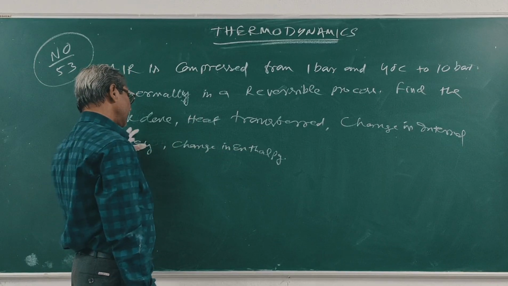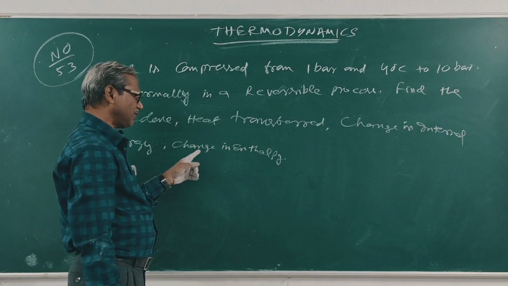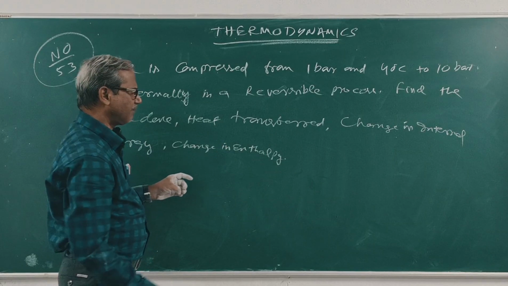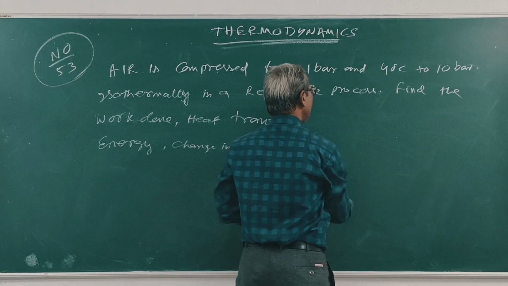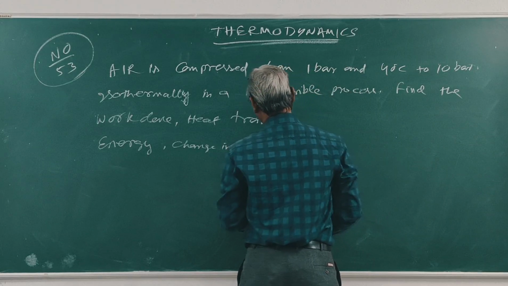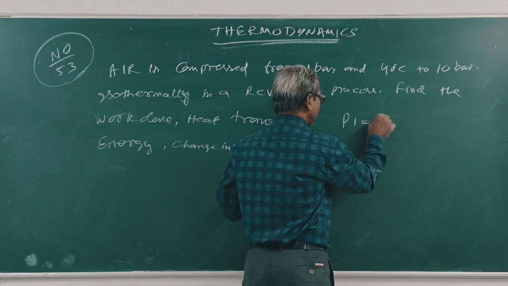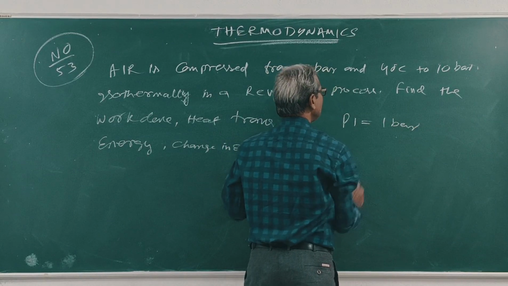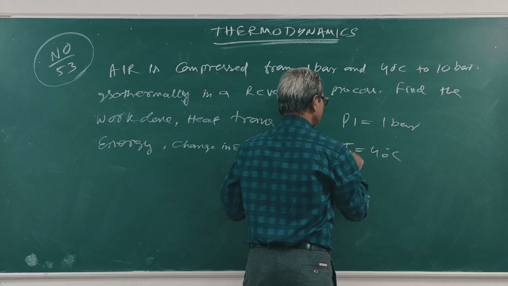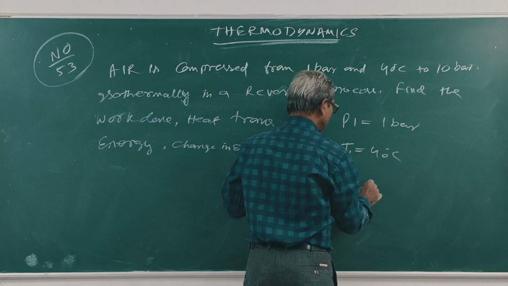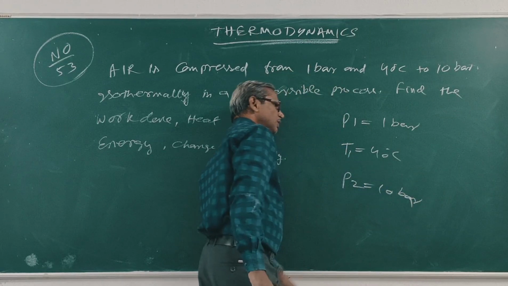Find the work done, heat transferred, change in internal energy and change in enthalpy. Clear? Now, air is compressed from 1 bar. P1 is 1 bar. T1 is equal to 40 degree centigrade. P2 is equal to 10 bar. Given data.